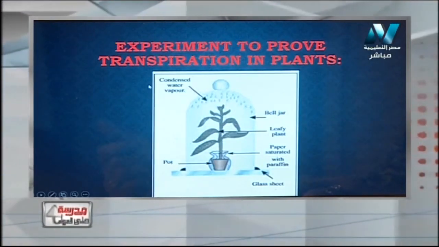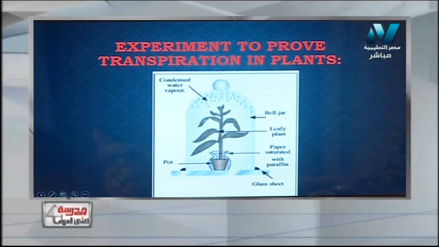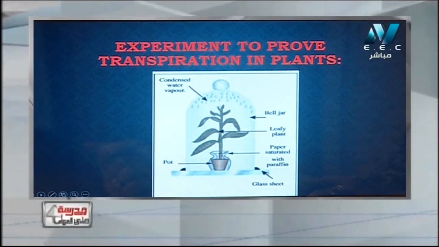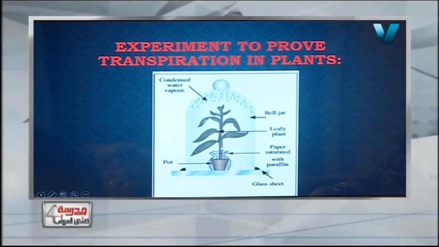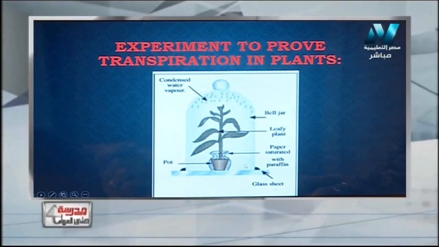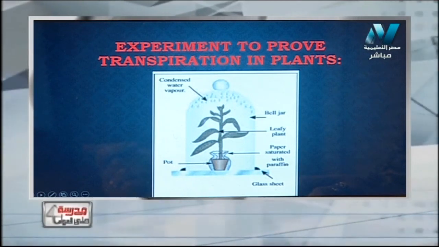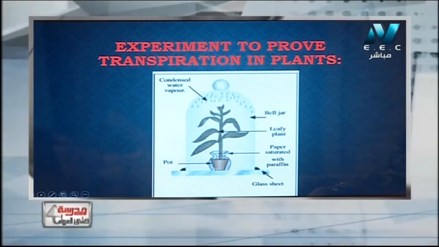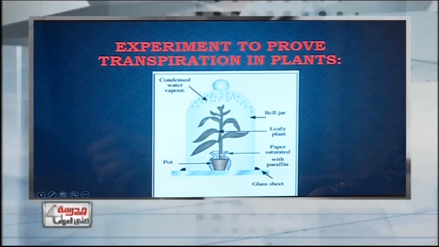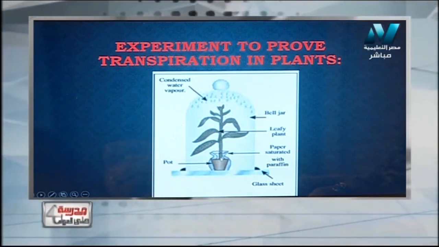Now we need to carry out an experiment to show that the plant transpires. In this experiment, we put a potted plant under a bell jar, and the pot is covered with plastic paper or a plastic sack to prevent the evaporation of water from the soil.